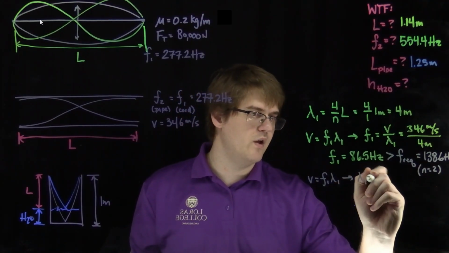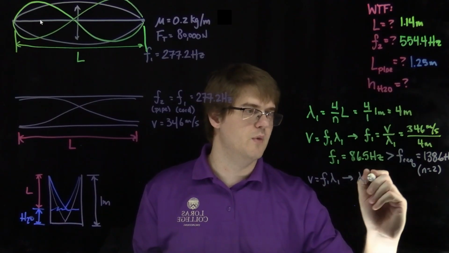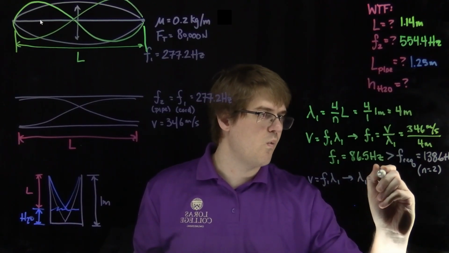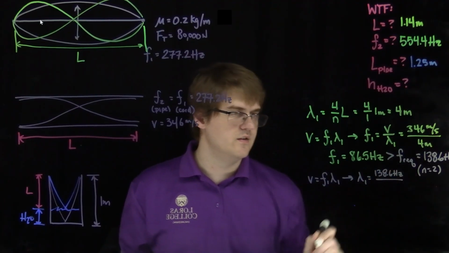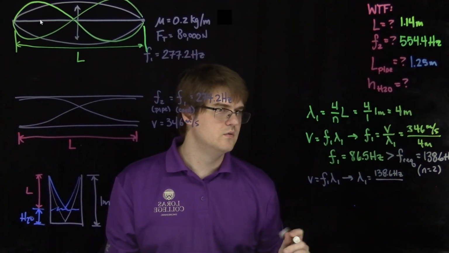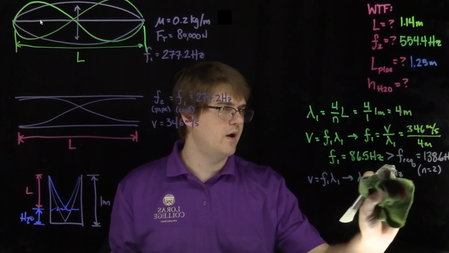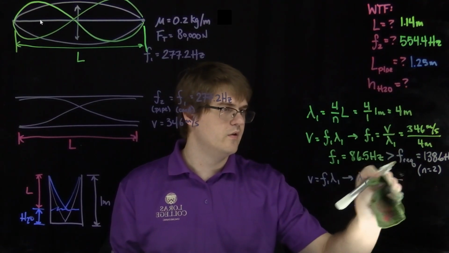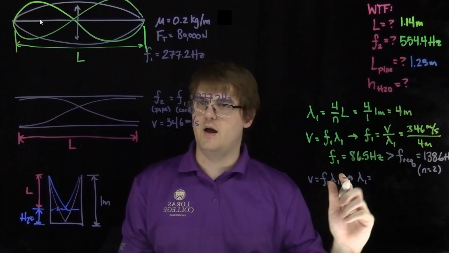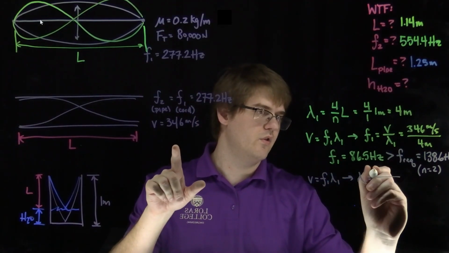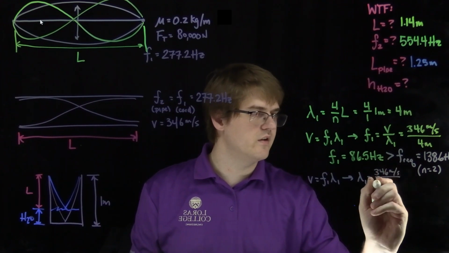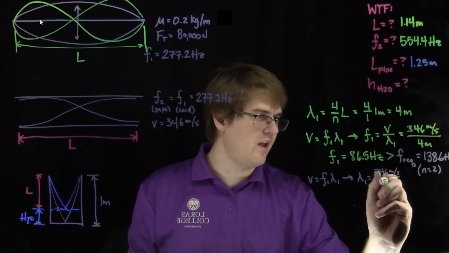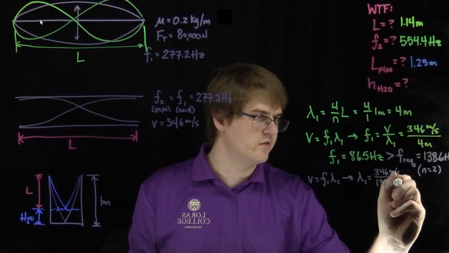So my wavelength 1 is going to be equal to my velocity, 346 meters per second, divided by my frequency 1, 138.6 hertz.